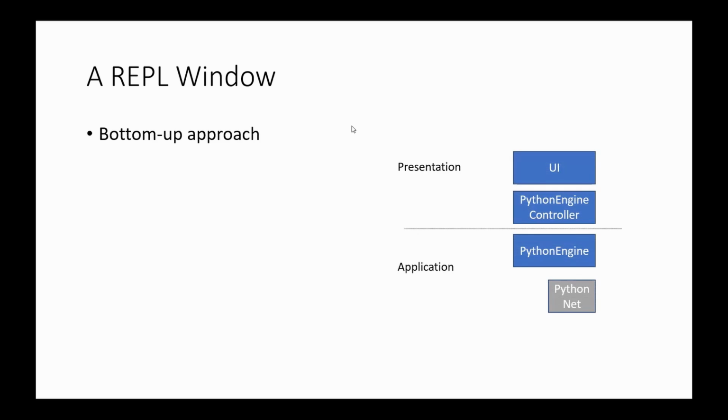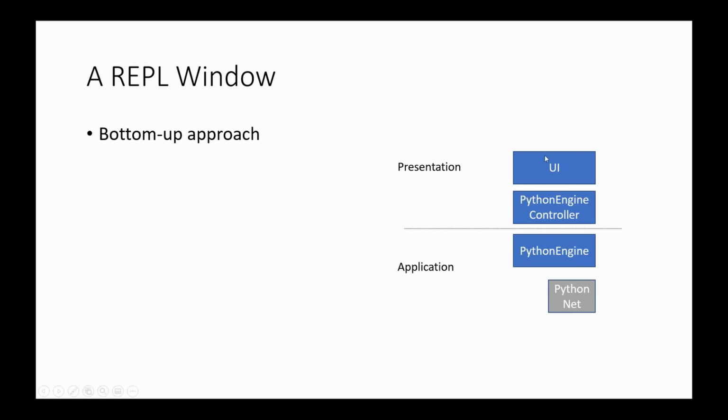In order to make that happen, I'm going to do the bottom-up approach first. In our application, we have a PythonNet engine, which is a wrapper to PythonNet itself. All commands are piped through this Python engine wrapper, and then the Python engine controller, which is right above it, is the coordinator between the user interface and the Python engine.